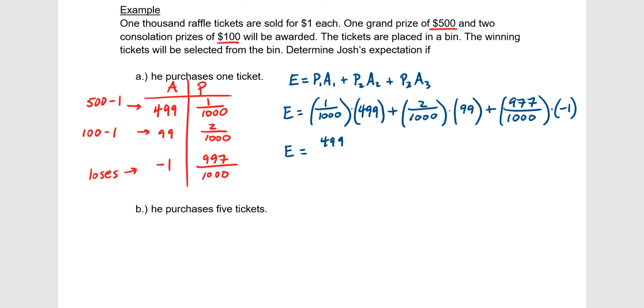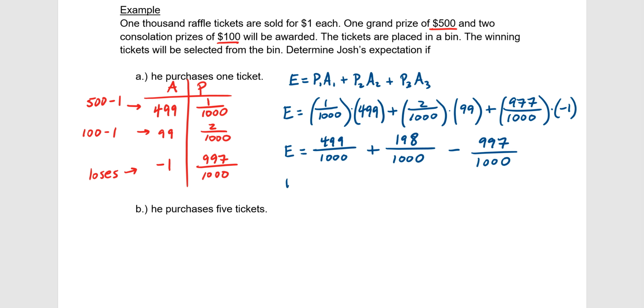So we have 499 over 1,000, plus 198 over 1,000, and then minus, because the next one's negative, minus 997 over 1,000.